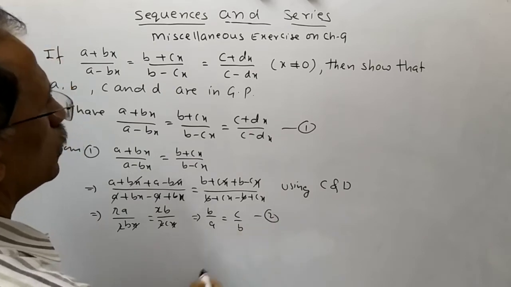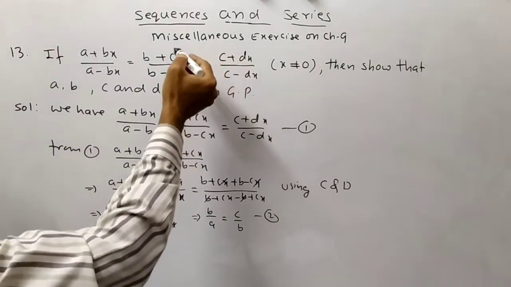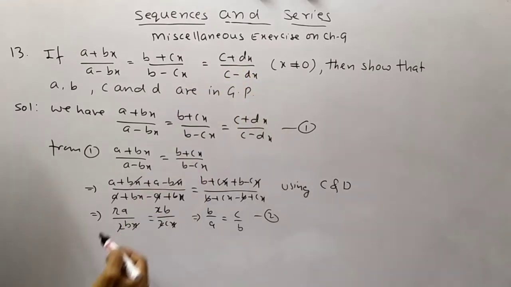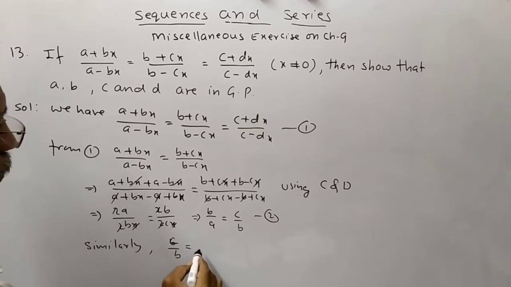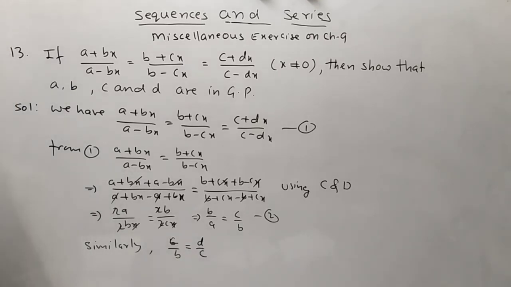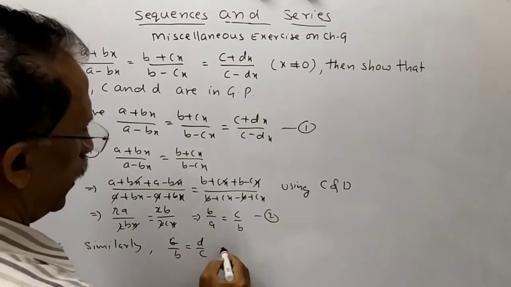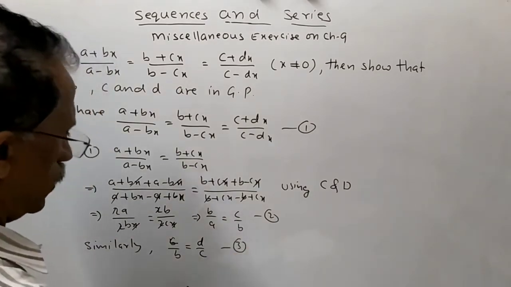Say number 2. Similarly, from second and third ratio we get c by b is equal to d by c. Say number 3.